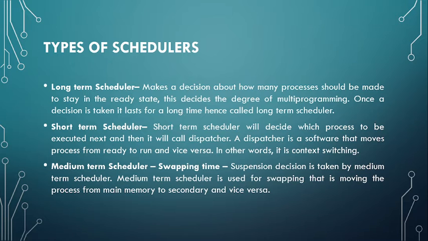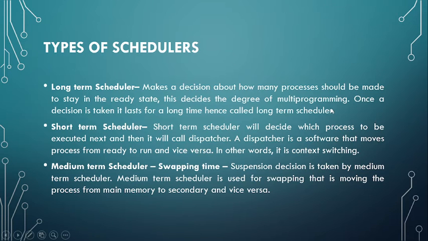Here we have the types of schedulers. There are 3 types of schedulers: long term scheduler, short term scheduler and medium term scheduler. Long term scheduler makes a decision about how many processes should be made to stay in the ready state. So, this decides the degree of multiprogramming. What is multiprogramming?